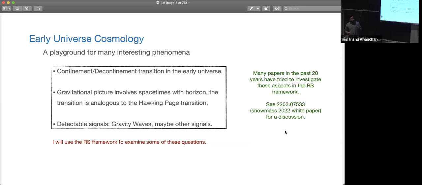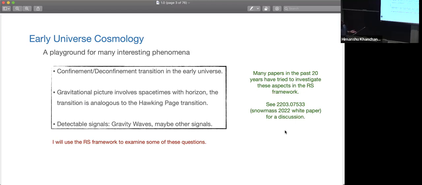So the early universe cosmology of this scenario is actually very interesting for many reasons. One is that depending on the energy scales involved, the confinement-deconfinement transition can happen in the early universe.